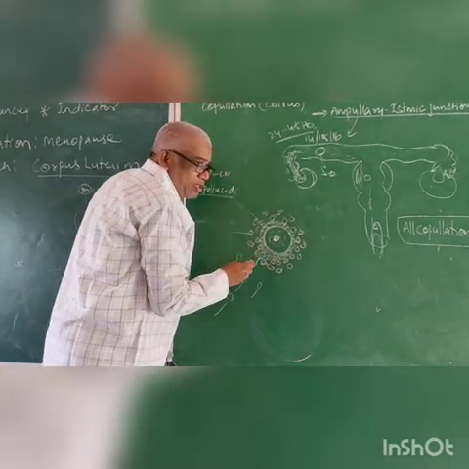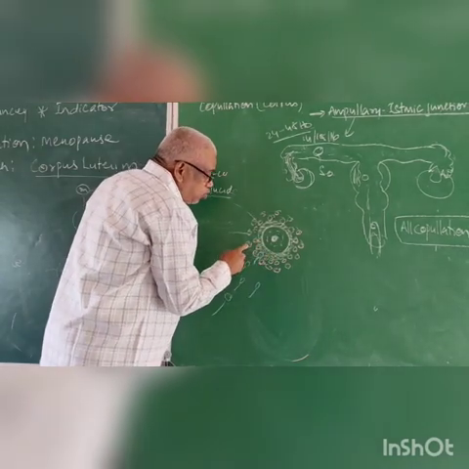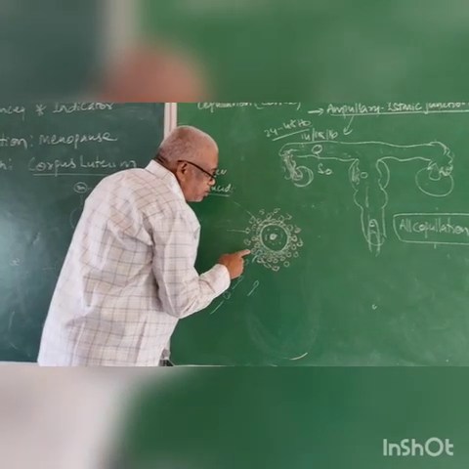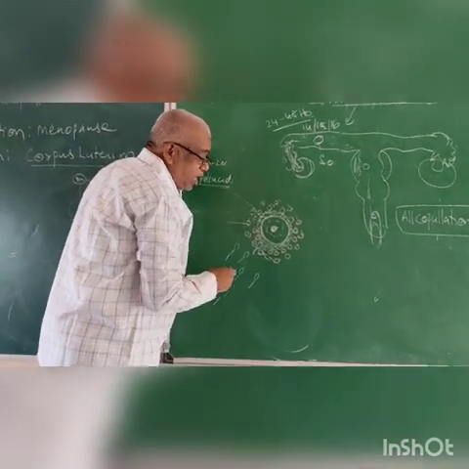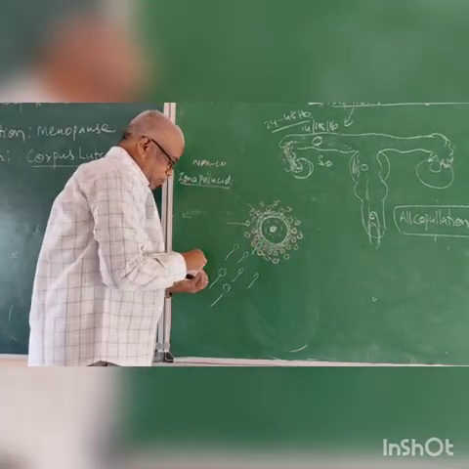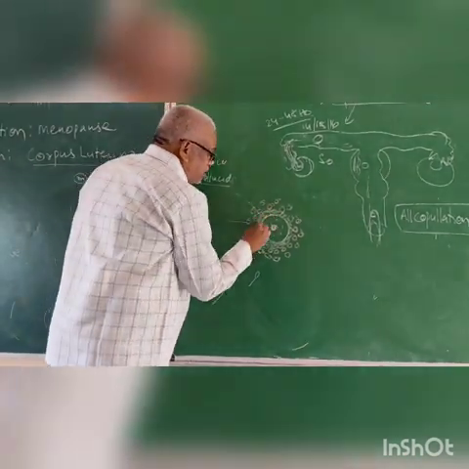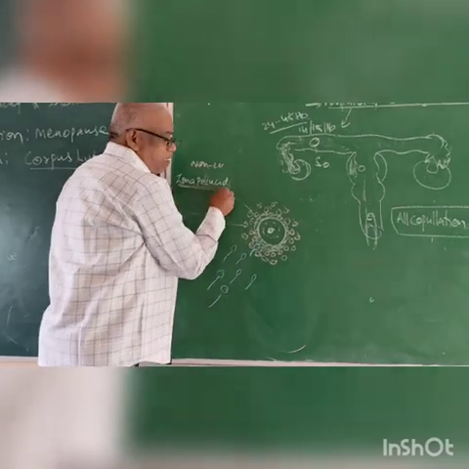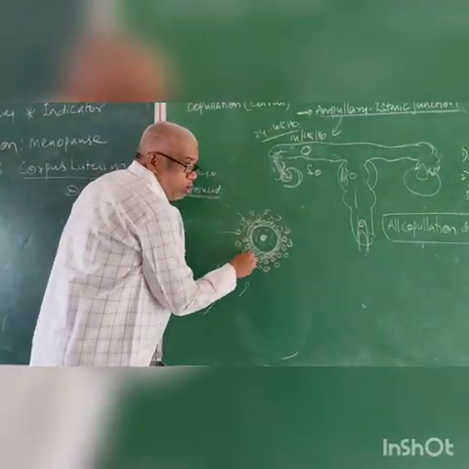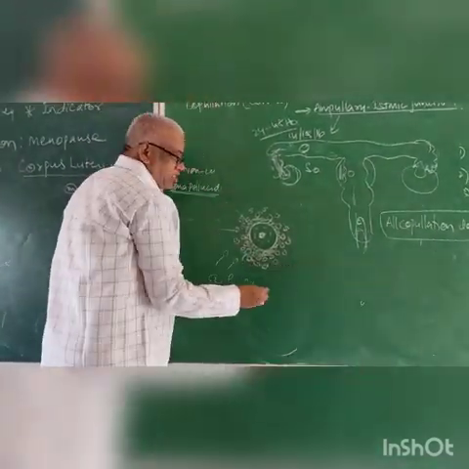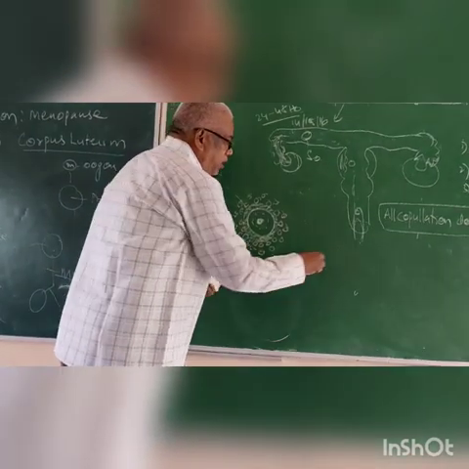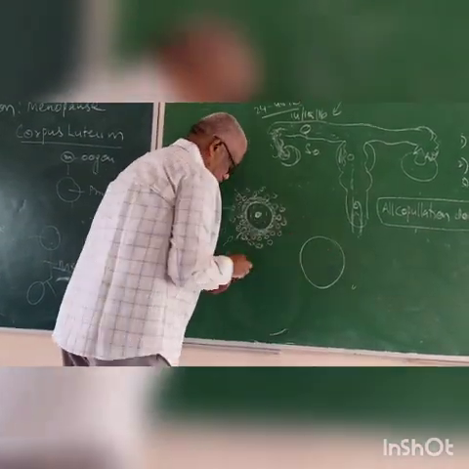It penetrates through the intercellular spaces of the corona radiata and touches the zona pellucida. Now it is the zona pellucida. Right, just listen. Now, it is a secondary oocyte.